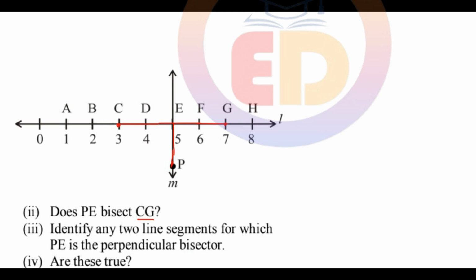So the question is asking, does PE bisect CG? Bisect means to divide into 2 equal parts. So we have to find out whether PE divides CG into 2 equal parts.